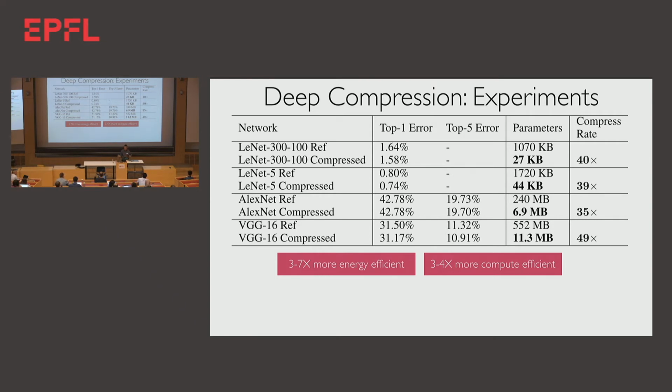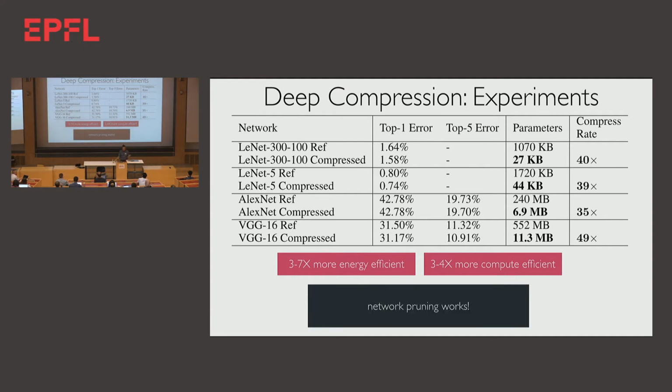But this is the main reason why sparse models out of the box are not as fast or as efficient as their compression rate. Nevertheless, I would argue that this is a very strong indication and evidence that network pruning works, in the sense that you get something that's very small and has the same accuracy as the huge model that you started with. All right.